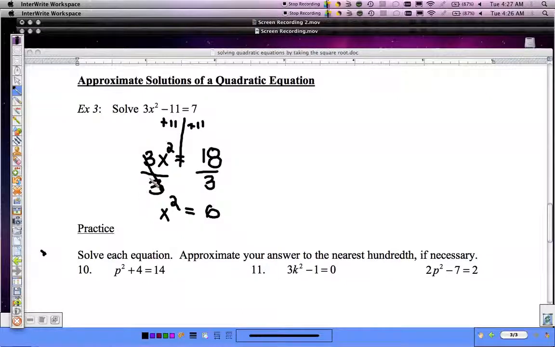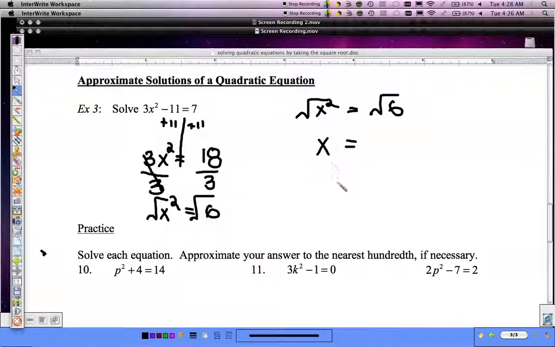So again, I want to take the square root of both sides. And then I'm going to write this over here. I have the square root of x squared is equal to the square root of 6. The square root of x squared, of course, is just x, because those are inverse operations.